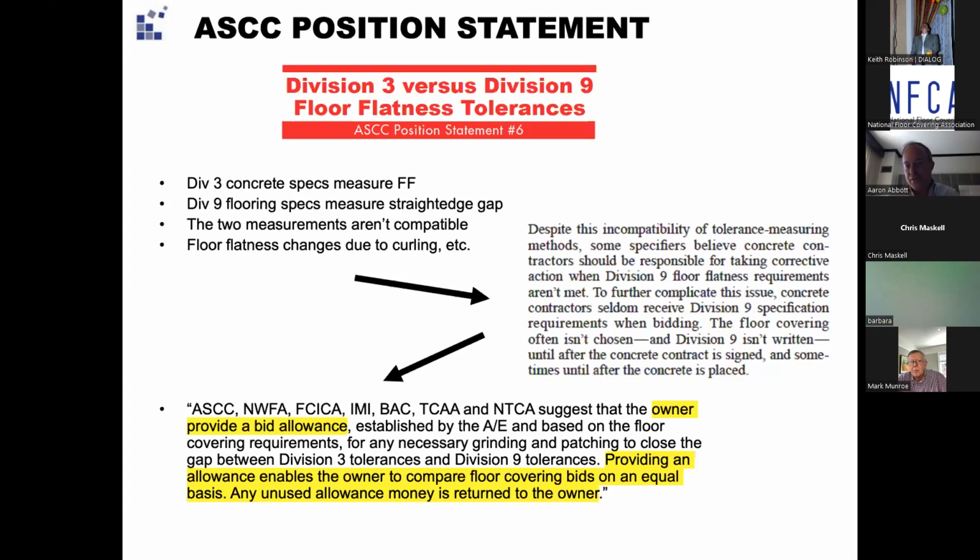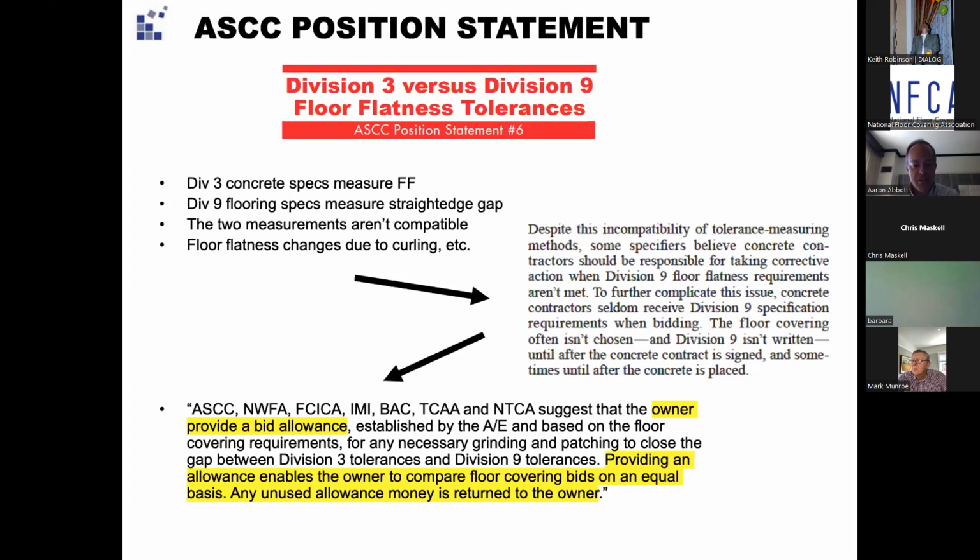Again, to further complicate this issue, they say contractors seldom receive the Division 9 specs when they're doing their bid. And sometimes the flooring hasn't even been chosen by a designer at the time that the concrete contractors are doing it. So it might be impossible to give them the exact specification of the flooring.